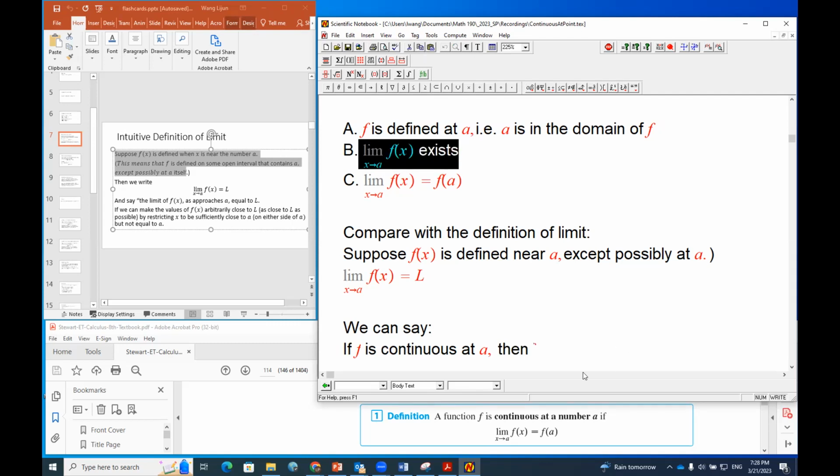That seems the most natural, right? Because if it is continuous, all three must be satisfied, and one of them is this.